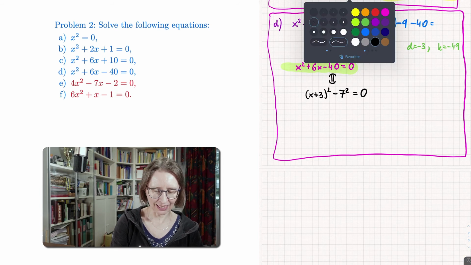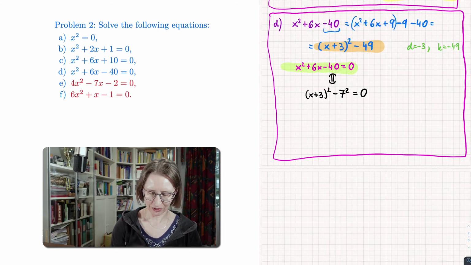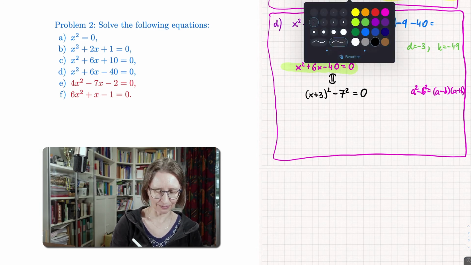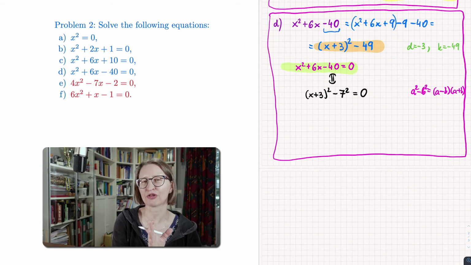So for this, I remember my formula, which tells me that a² − b² is equal to the product of (a − b) and (a + b). And in this case, my a is equal to x + 3, and my b is equal to 7. And you see, when I apply this formula, then I will factor the left-hand side, and then I will be able to use the zero product property.